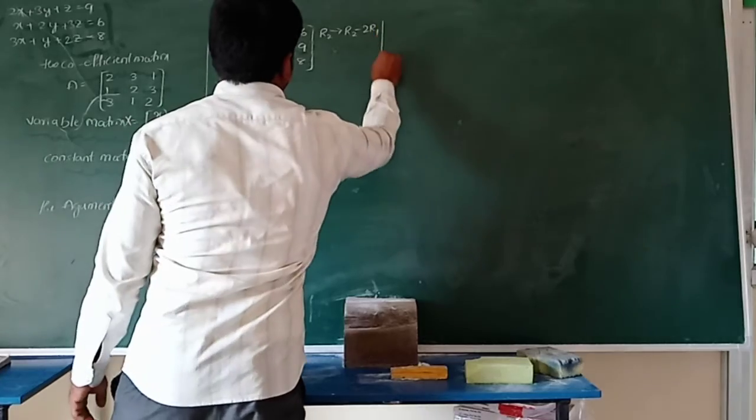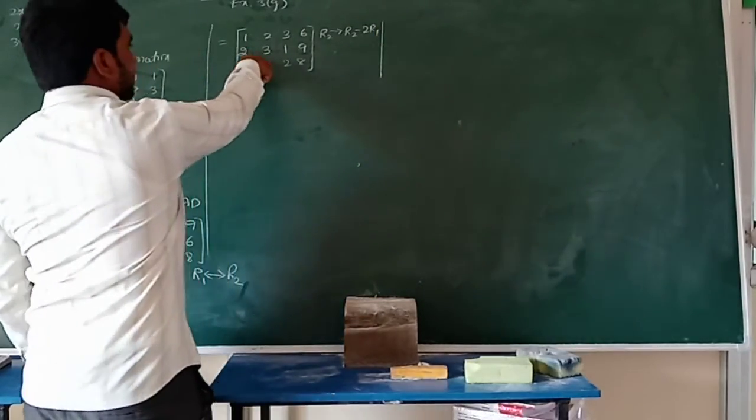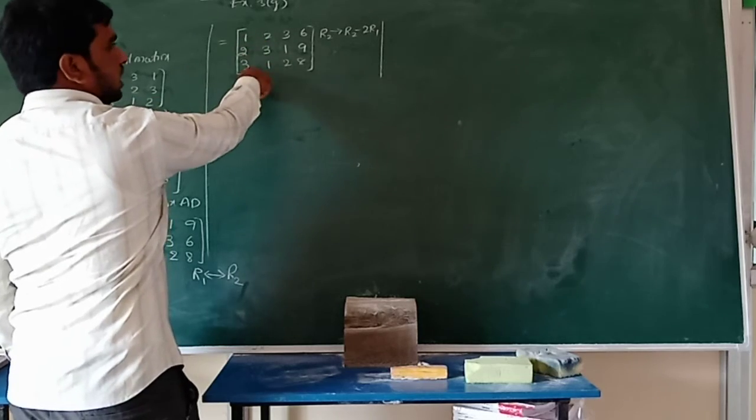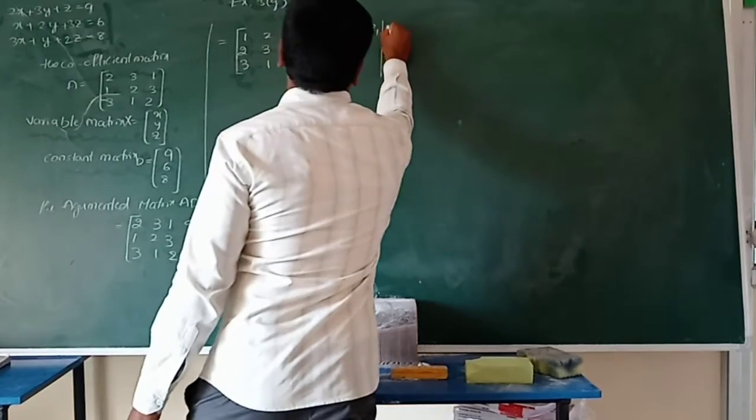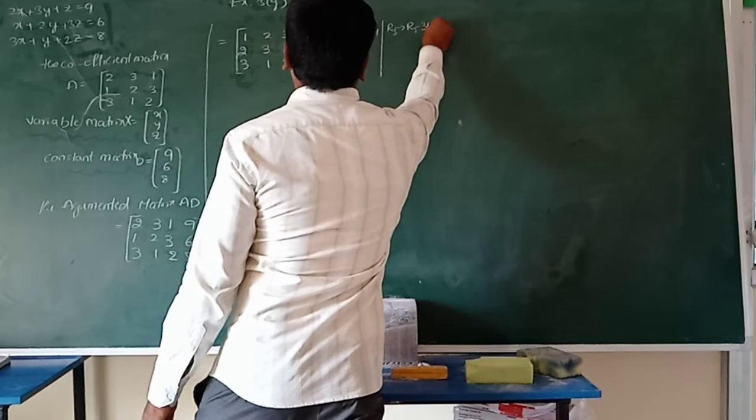Next this is R3. R3 changes to R3 minus 3R1, since there is 3 here we multiply 1 by 3.